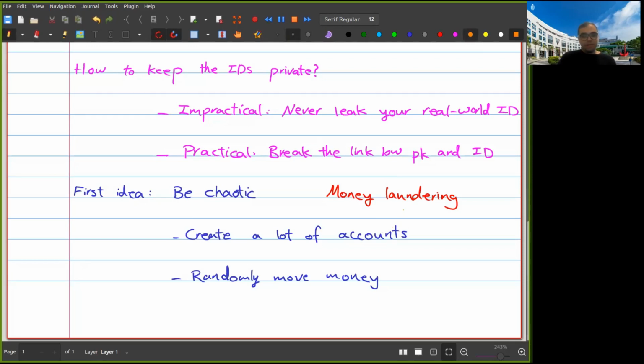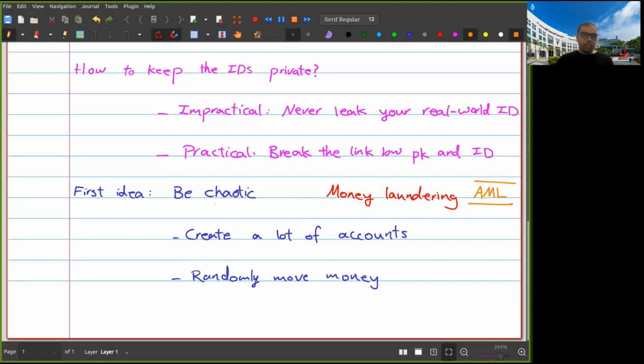And the problem with it is that actually we have very sophisticated techniques to figure out that something like this is happening. So you can just Google something called AML, and you will find all sorts of anti-money laundering ideas and technologies and algorithms.